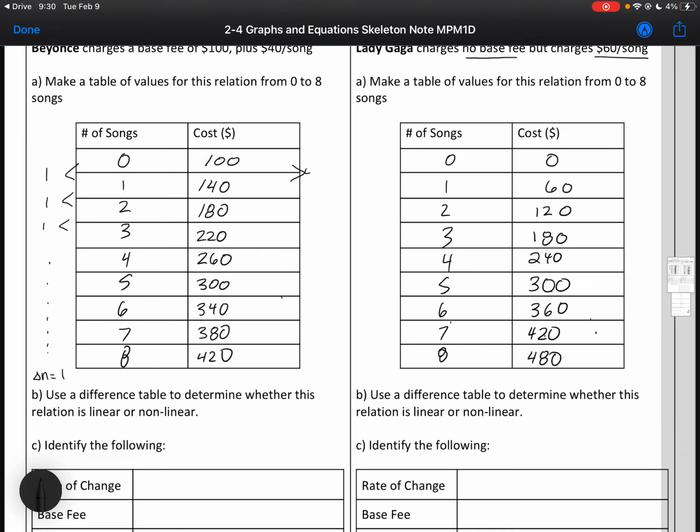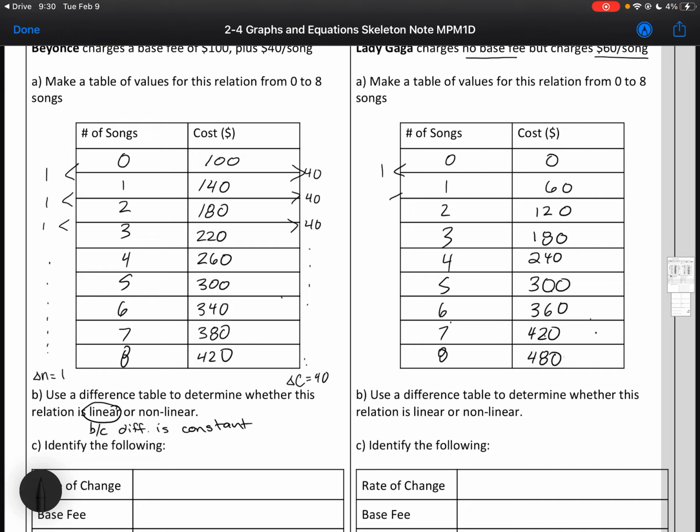It's constant. On my right-hand side, I have a difference, let's say delta c, equal to 40. So this relationship is going to be linear because the difference is constant.